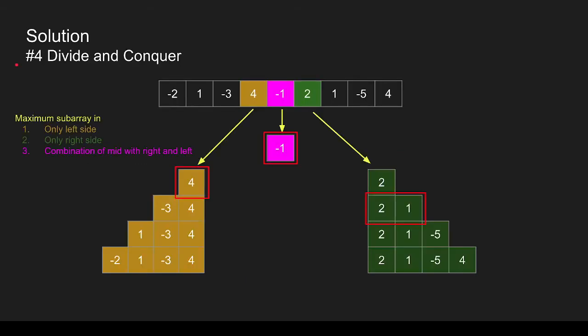Okay, the last and the most interesting algorithm is divide and conquer. Till now, we have only looked forward or looked backward in the algorithm, but this algorithm gives another perspective to look at the problem. Basically, the idea is that if we are looking at any element, for example -1, the subarray with the maximum sum can be completely on the left side of it, or completely on the right side of it, which we can find through recursion of this function.